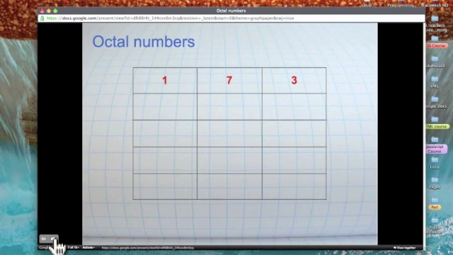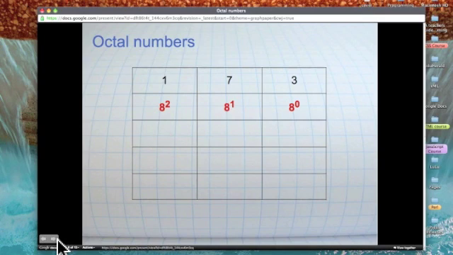Now, if I take the number 173, or the characters 173, as an octal number, I'm looking at 3 units of 8 to the 0th, 7 units of 8 to the 1st power, or 7 eighths, and 1 unit of 8 squared, or the 64s.